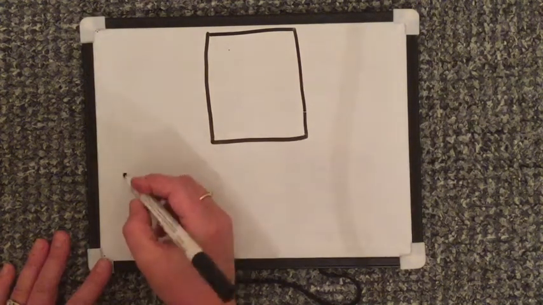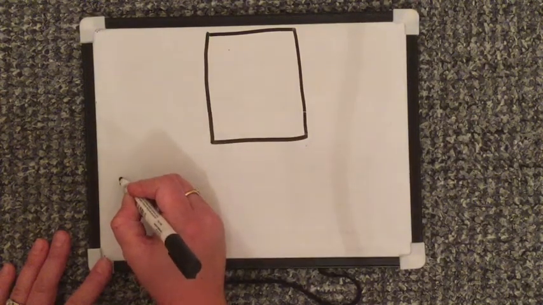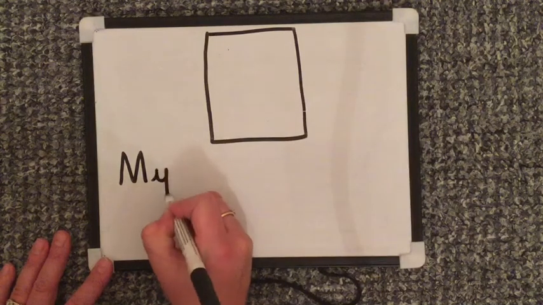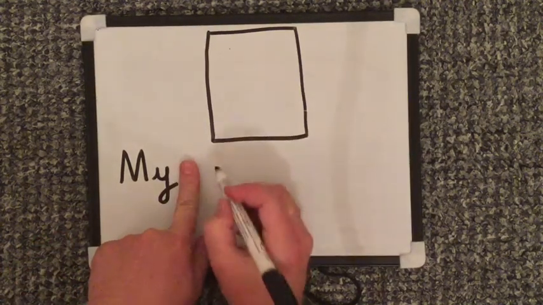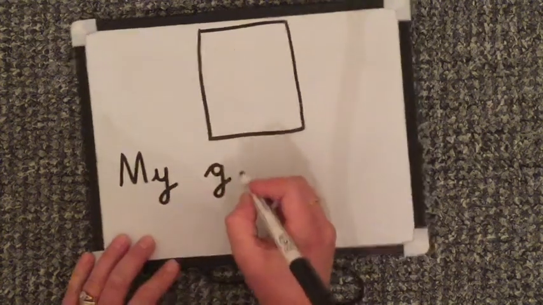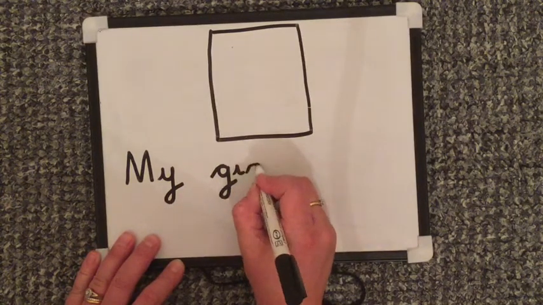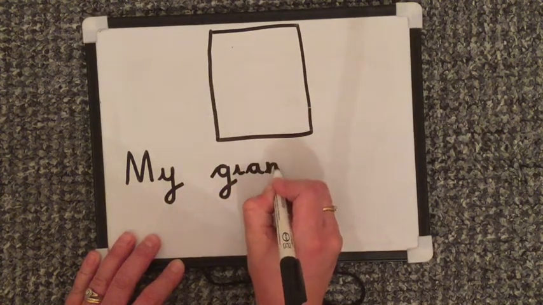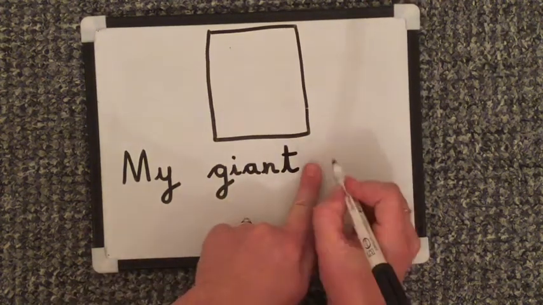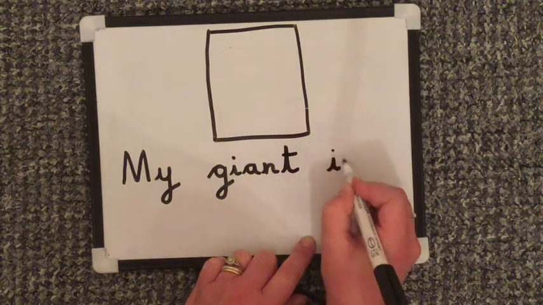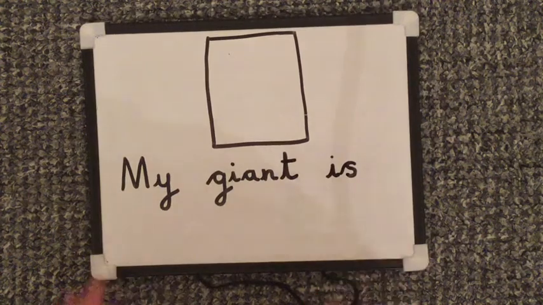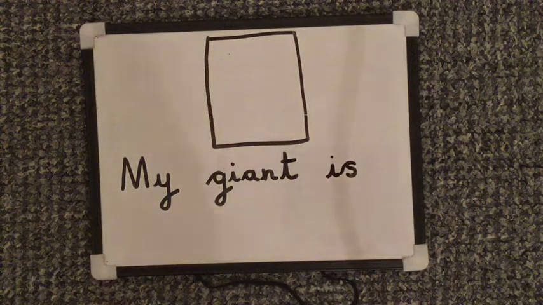So I'm going to give you the start of the sentence with the capital letter, my giant, what was that? G, I, A, T. My giant is. My giant is, and then you can do the rest.